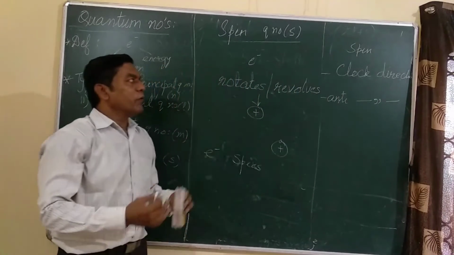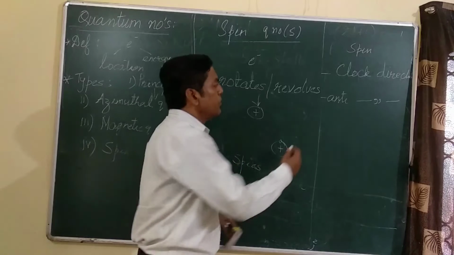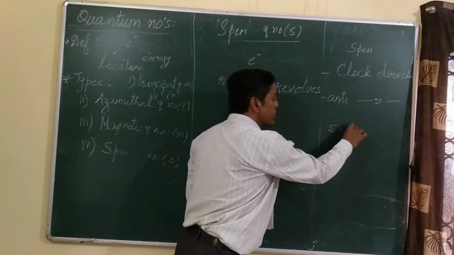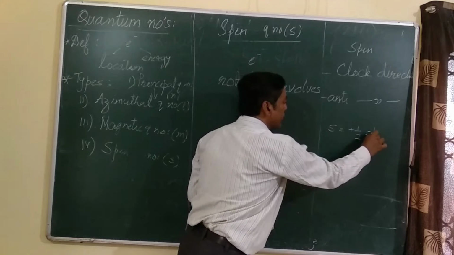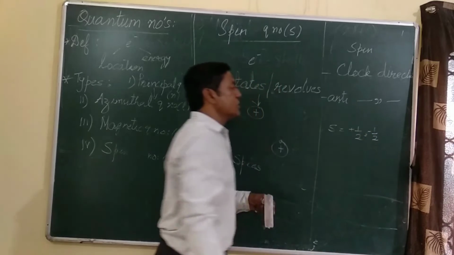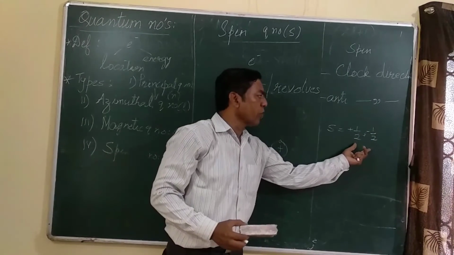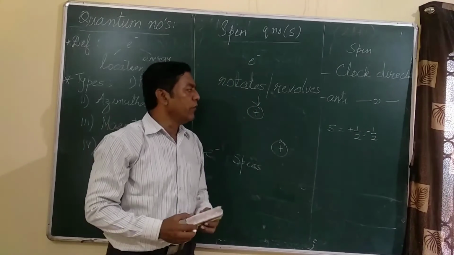And here, depending upon the directions, we say that there are two possible values of S, and these values may be plus half and minus half. So these are the two possible values of S, plus half and minus half. Again the question may come in your mind, why are these the two values?